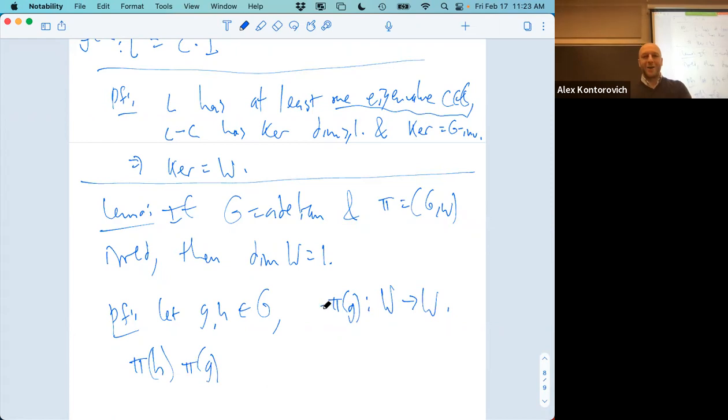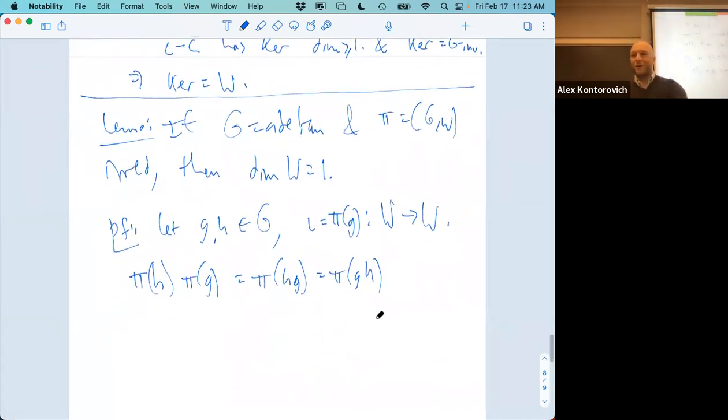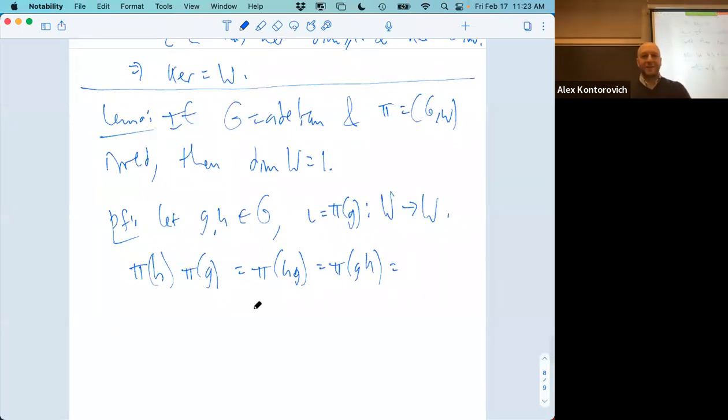So pi G is my iota. Pi H applied to pi G is pi of HG, but the group is abelian. So this is pi of GH. The group is abelian, so I can multiply in either order, and it's an action.